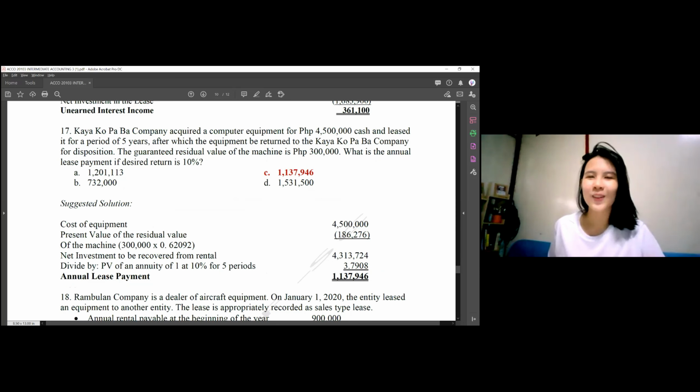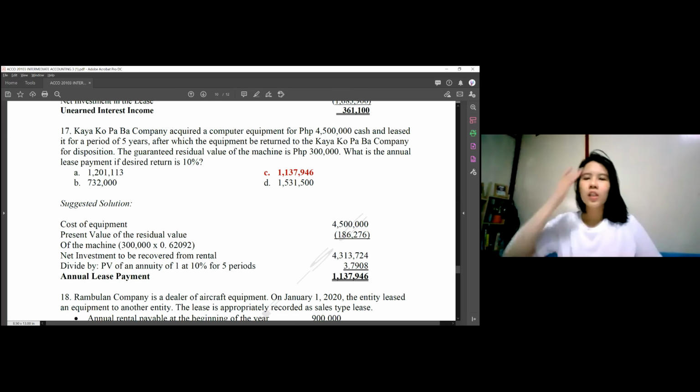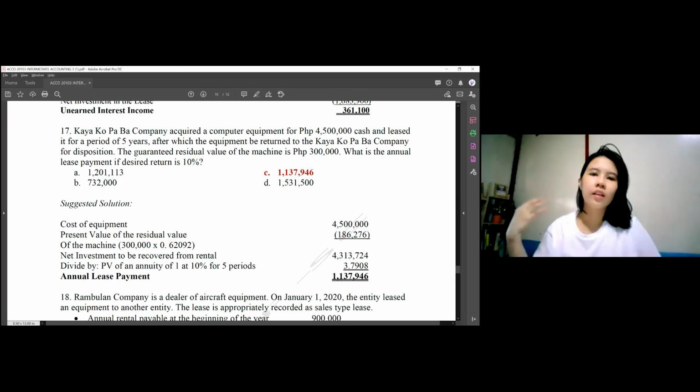Kahit anong ibigay sa'yo, kayang-kayang isolve. Kasi based on my experience, sa mga estudyante ko on the third level, there are some who's nangangapa pa rin sa interpolation. So, that's really an important concept na magagamit mo sa MS, sa FM, sa financial management, diba? So, better to understand it as early as now.